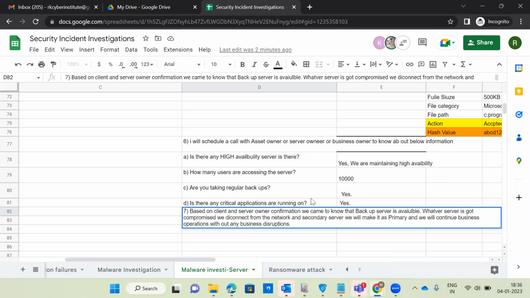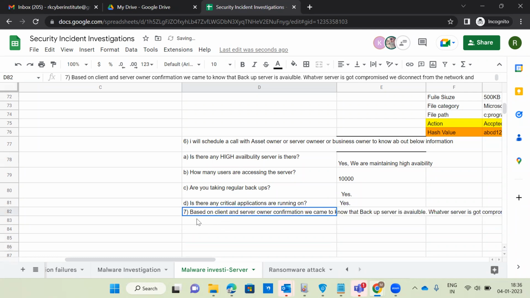Without any business outage, we have to make sure the secondary server is made primary and continue the business operation. So we are doing business impact analysis here. There is no outage and no availability issue as per the CIA triad. This is very, very important, guys.